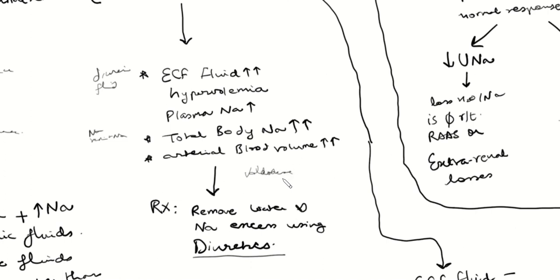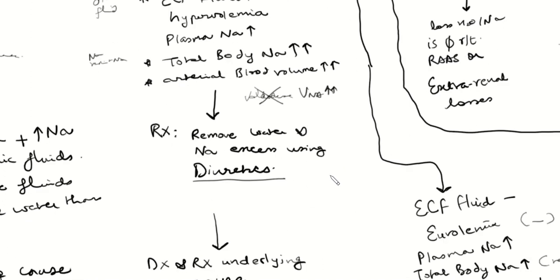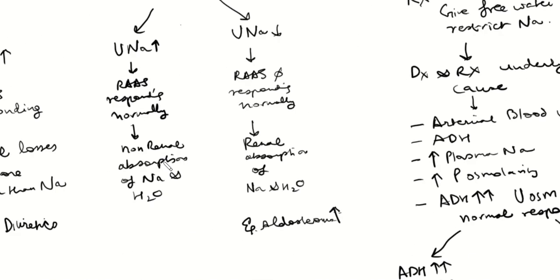And because you have high blood volume, aldosterone's not going to be working. It's not going to be absorbing sodium. So your urine sodium should be high if aldosterone and kidneys are working. Urine sodium high, kidneys are working, so it's a non-renal issue. Versus if urine sodium is low, it's a renal issue.